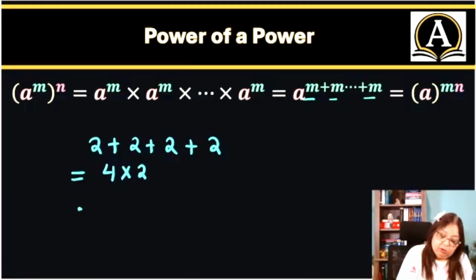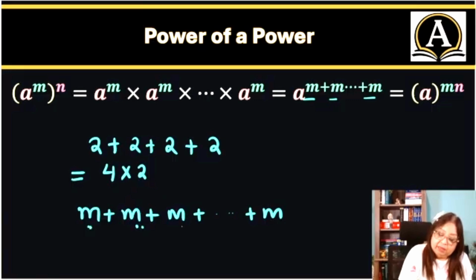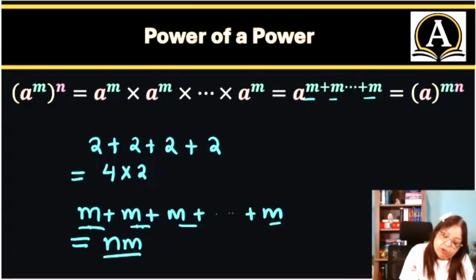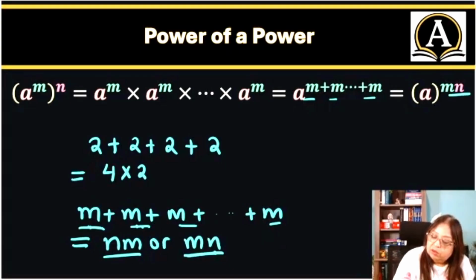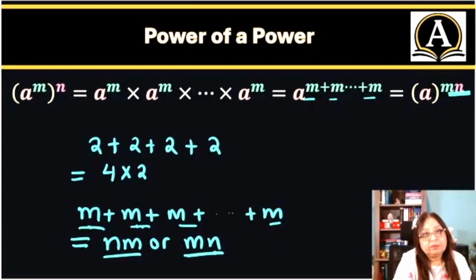So we have m plus m plus m, keep on going. We have n of these, n as in Nancy. So this sum will be equal to n times m, or you can say m times n. This is how this power mn comes. Cool? Cool.